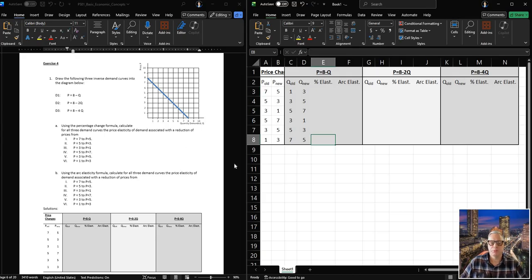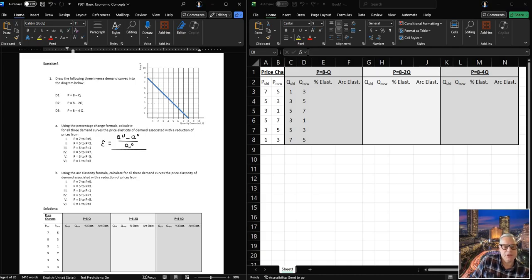So now the percentage change formula, so again the elasticity in general terms was, we're going to put it maybe here. So elasticity using the percentage change formula is the relative change in quantity demanded. So we have Q new minus Q old divided by Q old.